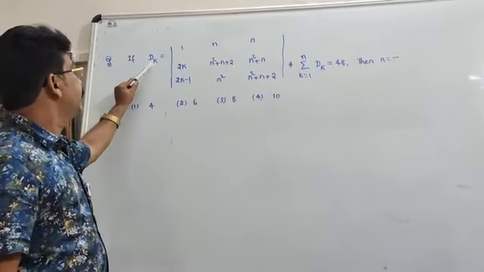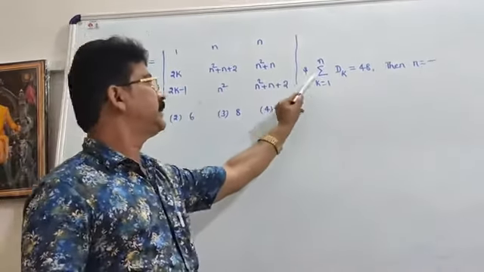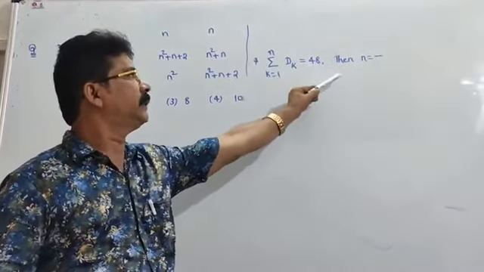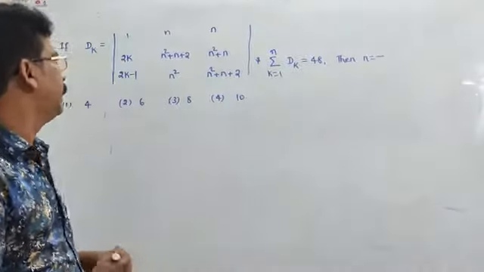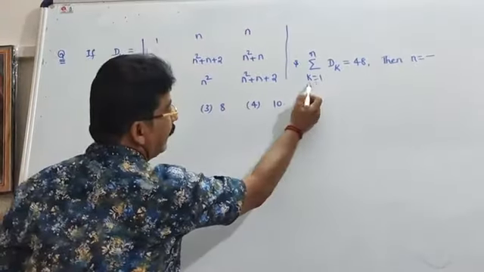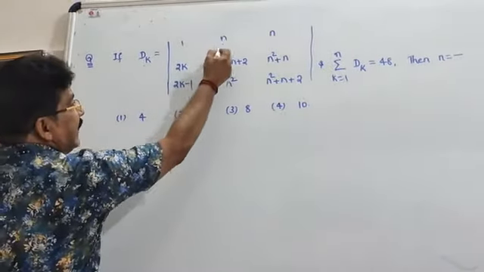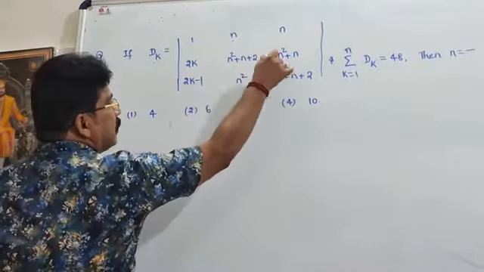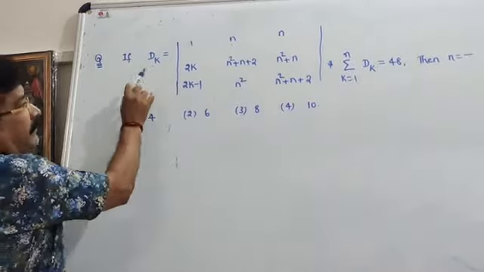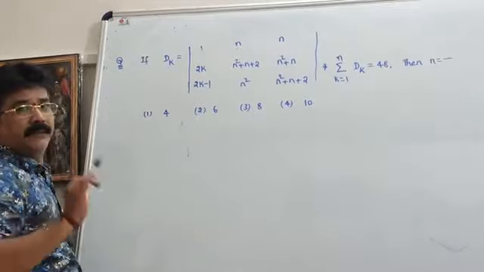If dk is equal to the given determinant and sigma k equal to 1 to n, dk equal to 48, then what is the value of n? Here dk and k equal to 1 to n means that n is the fixed value or constant with respect to k. Means what? Sigma is influenced with k only, but not n.